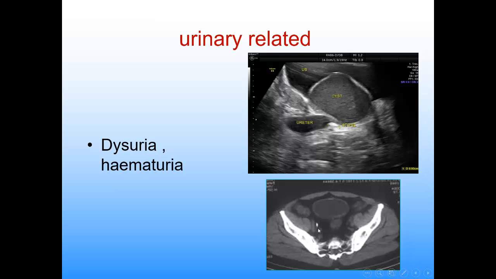CT also can detect urinary causes like a small stone, and this is also very important in pregnant females. If you suspect, you have to take very limited cuts in order to see if there is a stone or not. But we try ultrasound first to detect the cause of pain.